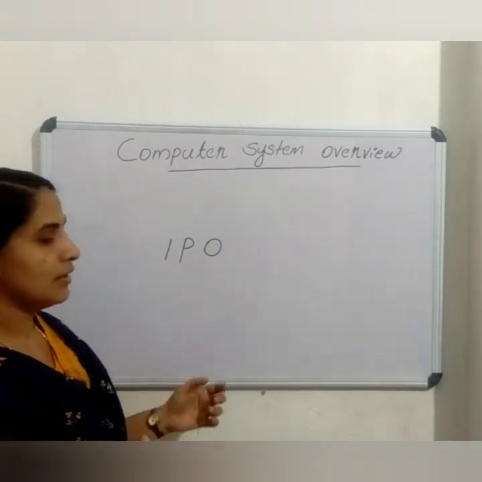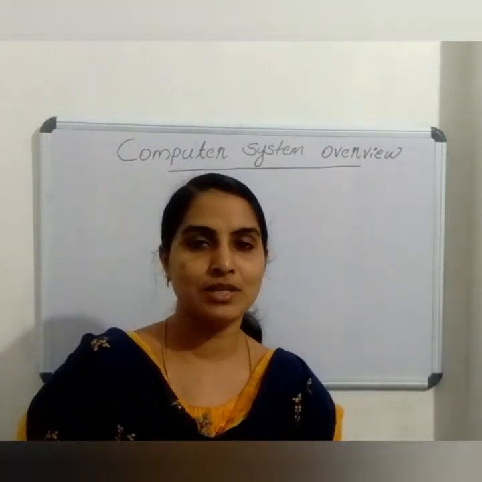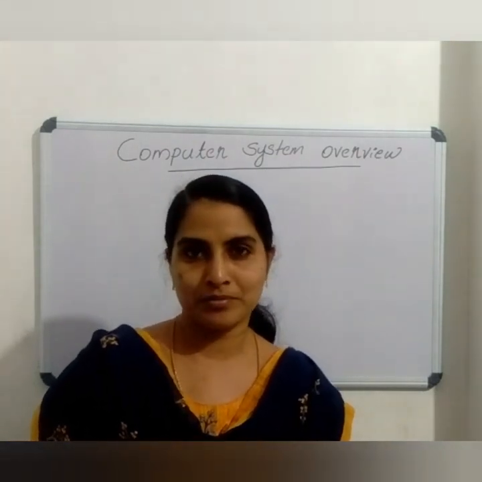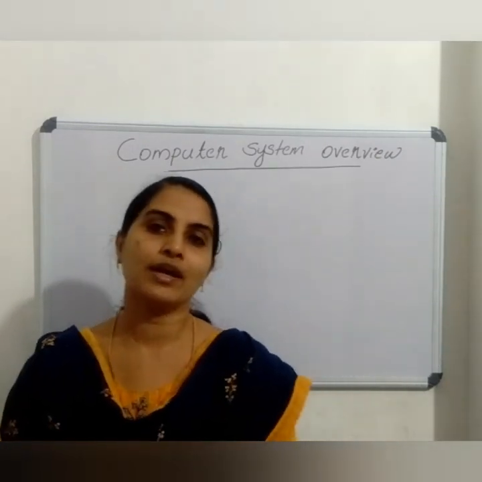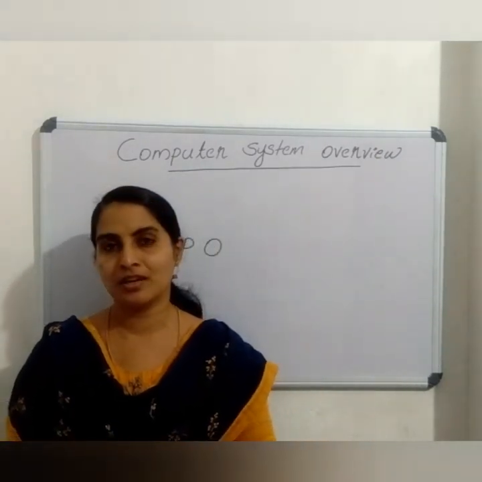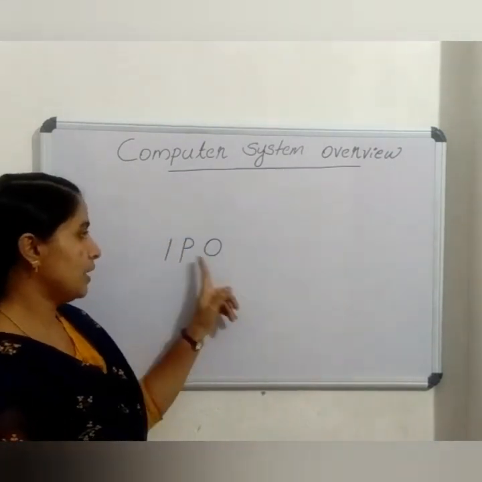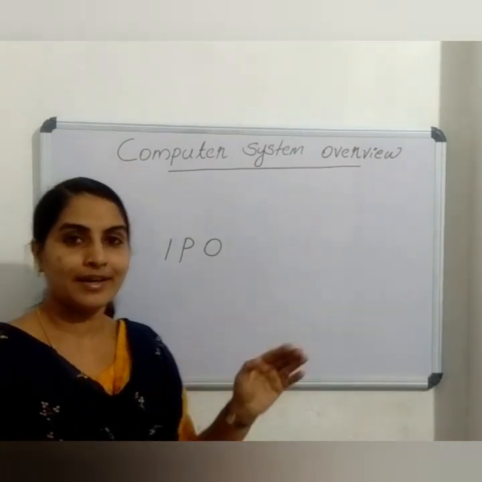For example, think of a calculator. Inside a calculator we are using a minute chip. Actually that is programmed. That is also part of a computer. So how is a calculator functioning? By connecting this IPO process with the calculator, the calculator accepts data.